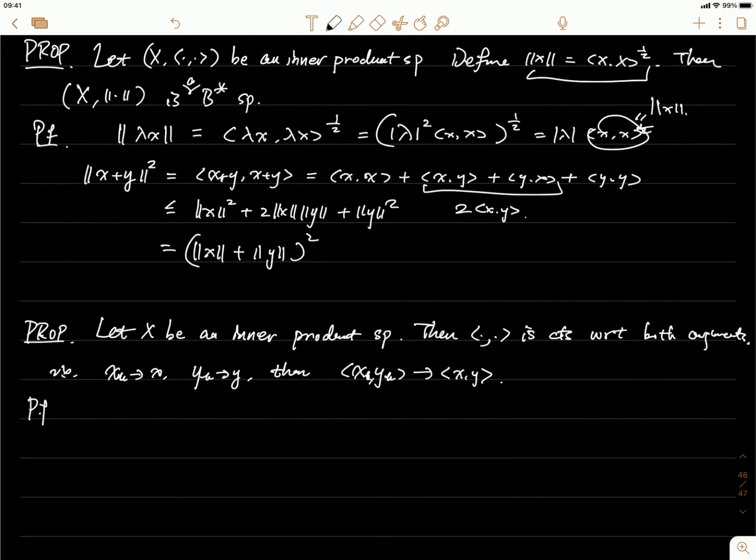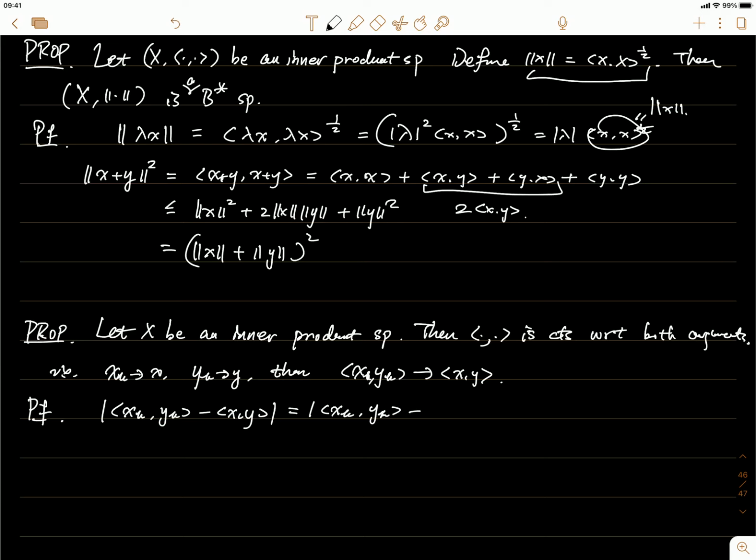Okay, so let's see how to prove this. The idea here is to take this difference and show that it goes to 0 if xk goes to x and yk goes to y. This is a very typical technique: you add something and subtract it as well, and then split these two terms so that every time one of them is unchanged.